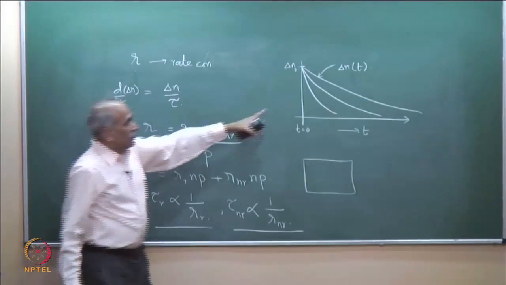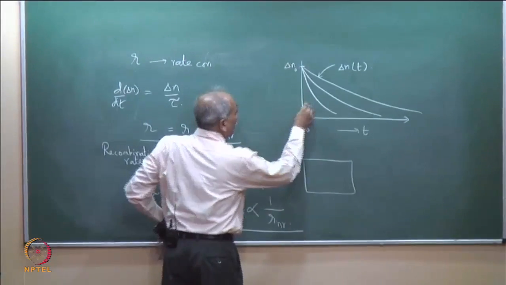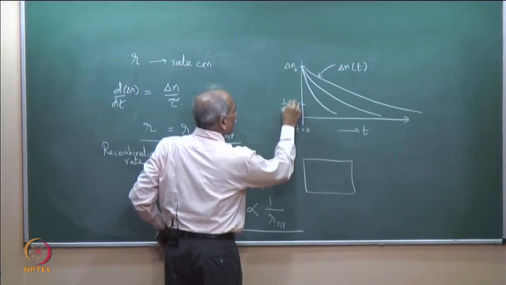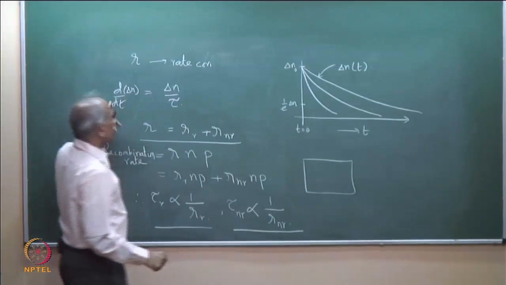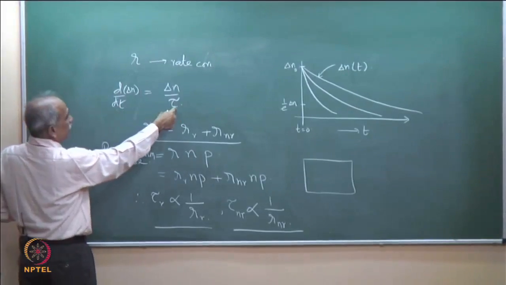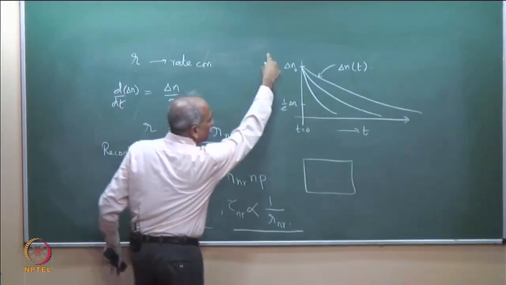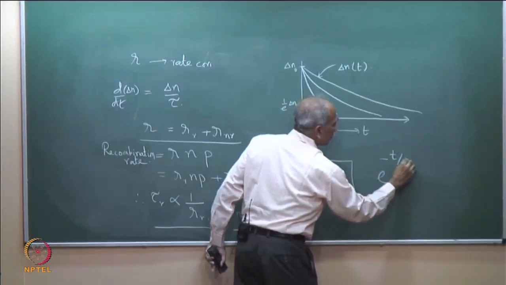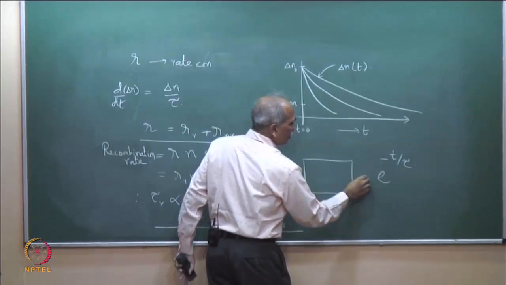And where it falls to 1 by e of delta n, because if you differentiate this, then d of delta n, bring delta n here and integrate, you will get this dropping as e to the power minus t by tau. So, that is the rate at which it will drop.